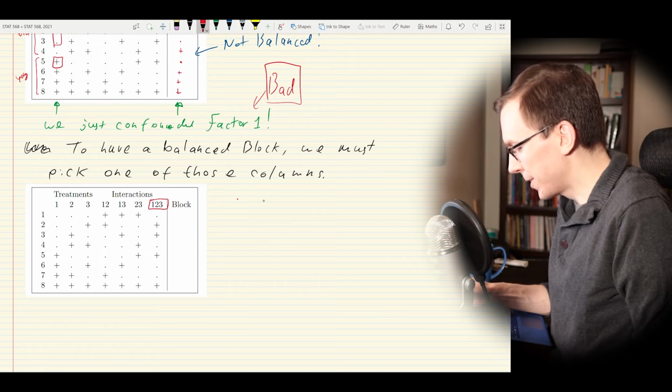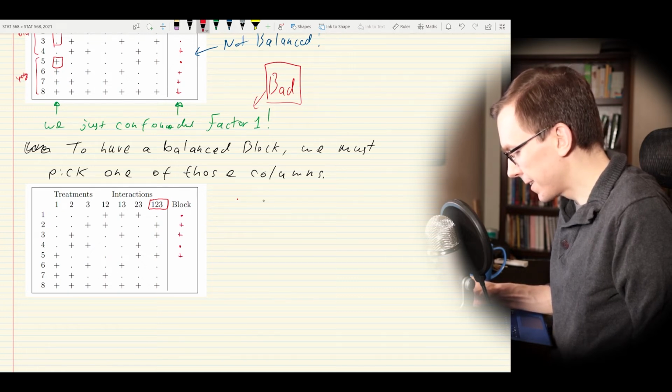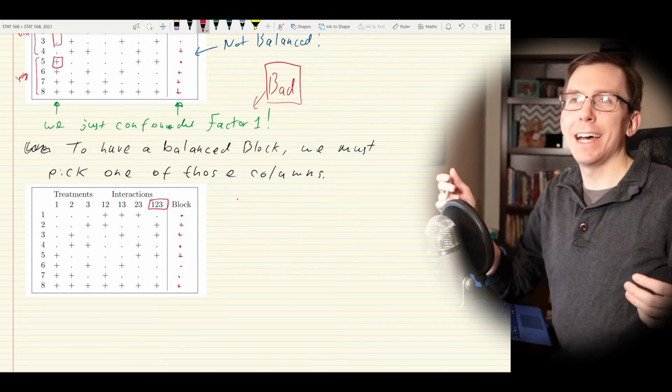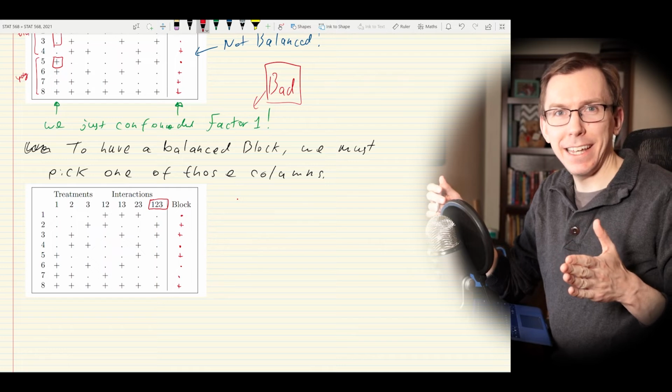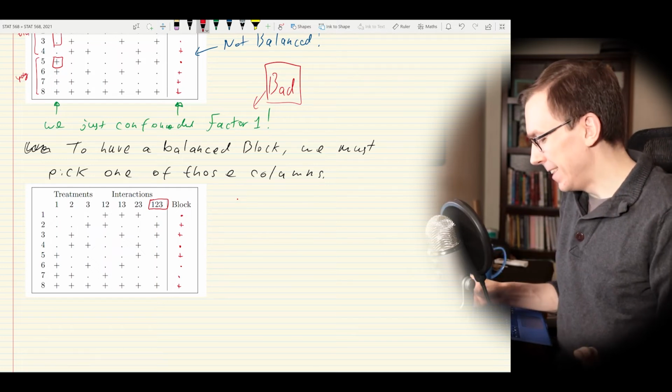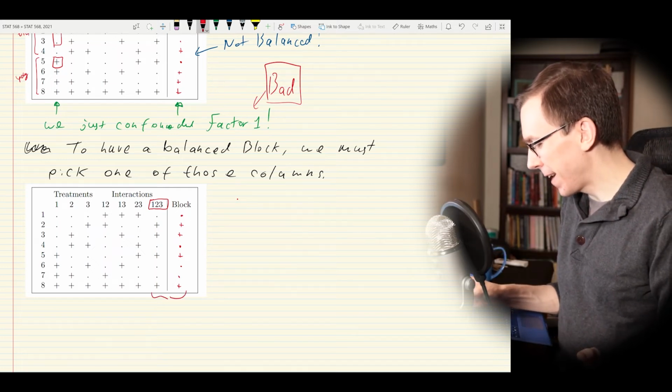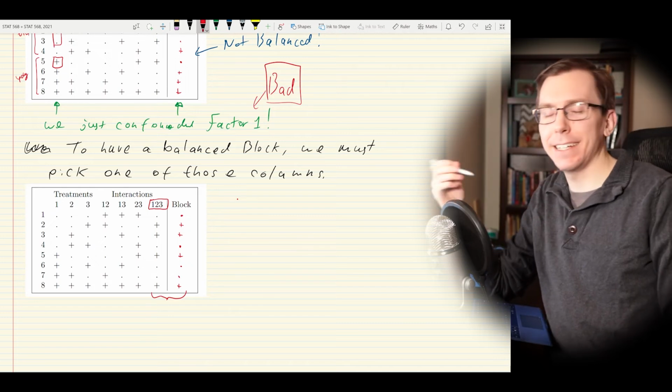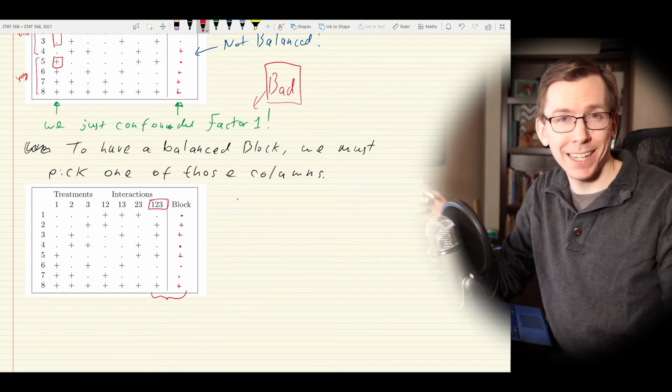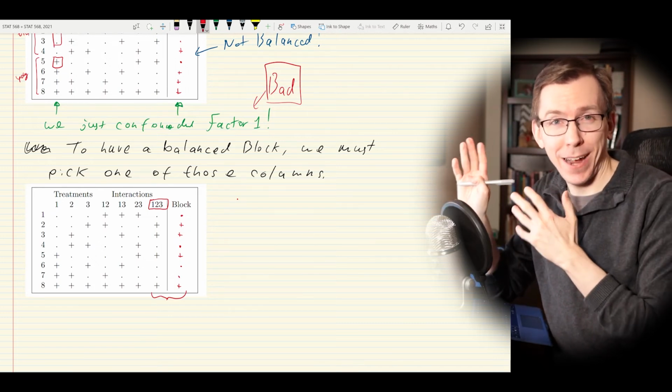So what we would do is our block term would look like this, which basically means now if we get significance in that, these two are now confounded. They are effectively the same thing. If we see significance there, we don't know if it's the block or if it's a 3-way interaction term.